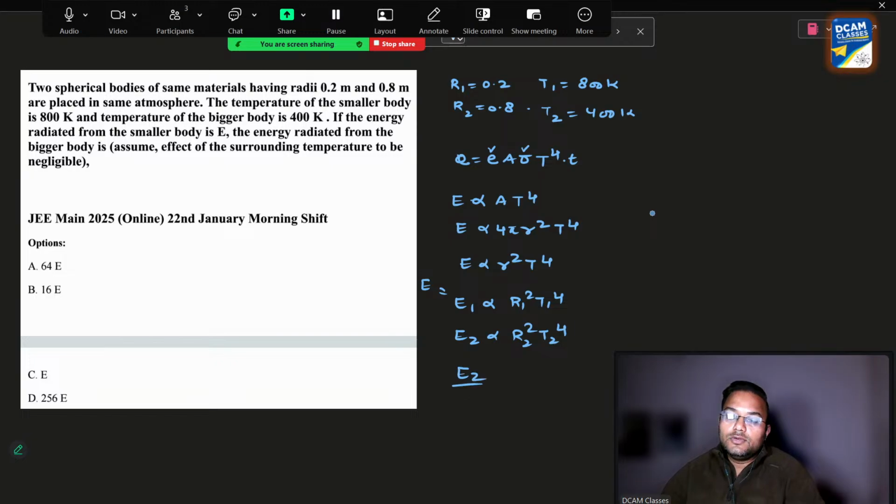So dividing both, E2 by E is equal to R2 by R1 whole square into T2 by T1 whole power 4. Now let's put the values.